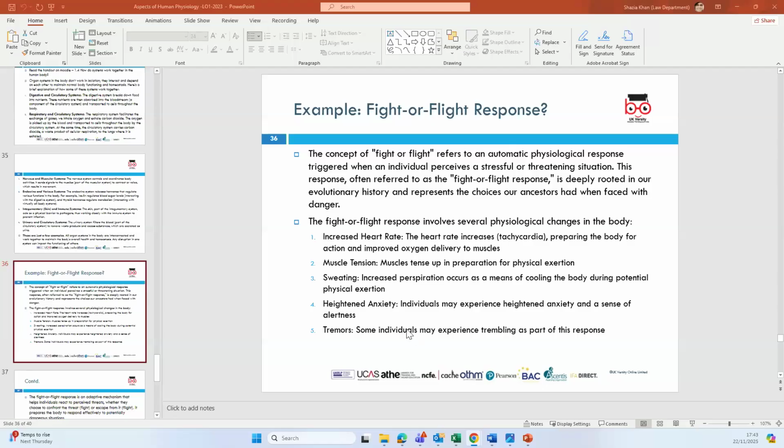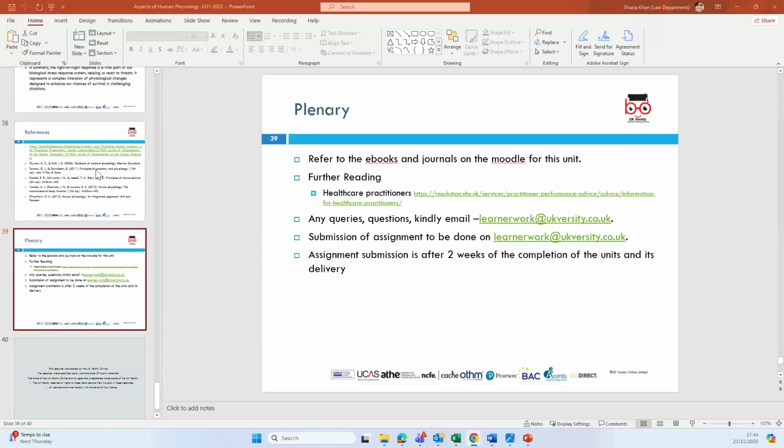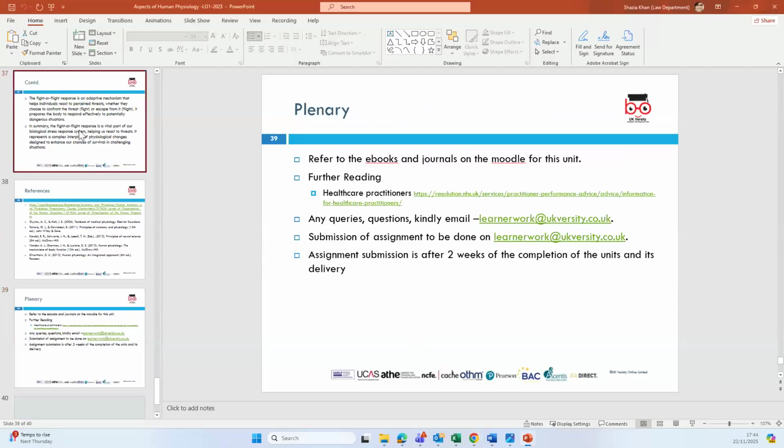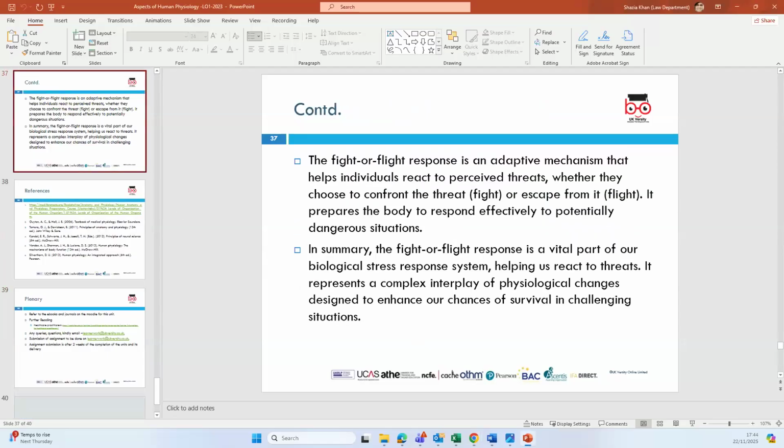So these tremors and this sweating are part of your fight or flight response, and they are rooted in you historically, a long, long time ago. The fight or flight response is your body's natural automatic reaction to stress or danger.